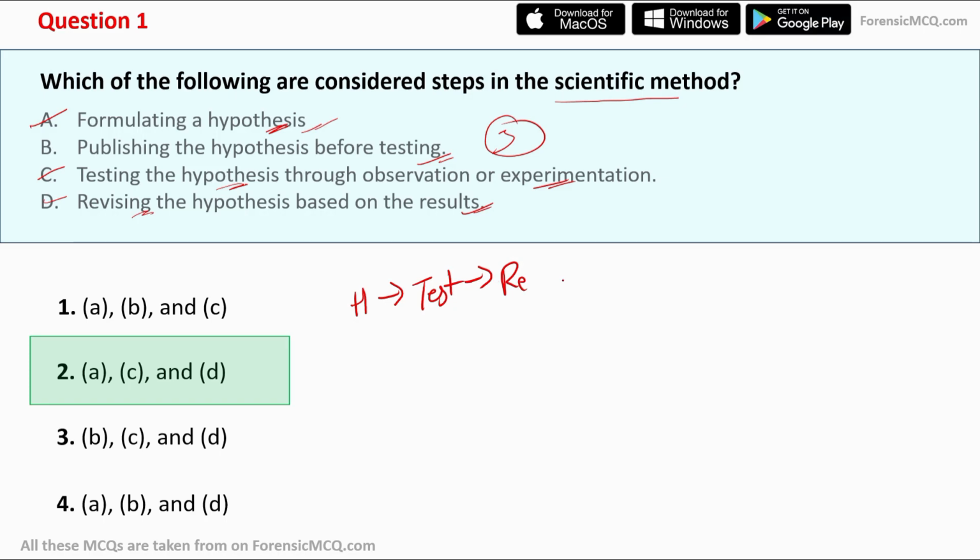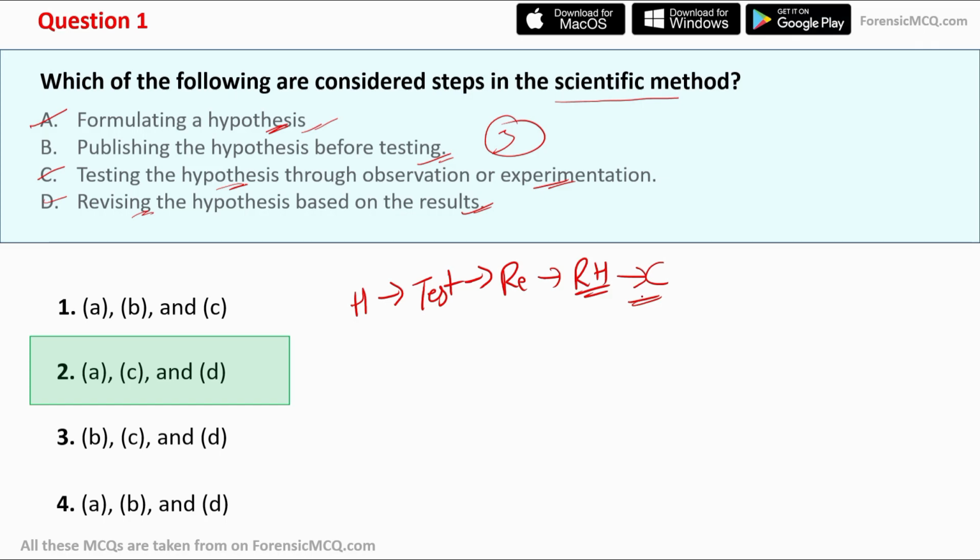After that, when the revised hypothesis is formulated, it further goes for rigorous testing and experimentation to check whether the new hypothesis can be supported or needs further revision. And when the hypothesis is supported or doesn't need any further revision, it goes to the conclusion phase, where based on the accumulated data from the experiment, a conclusion can be drawn.